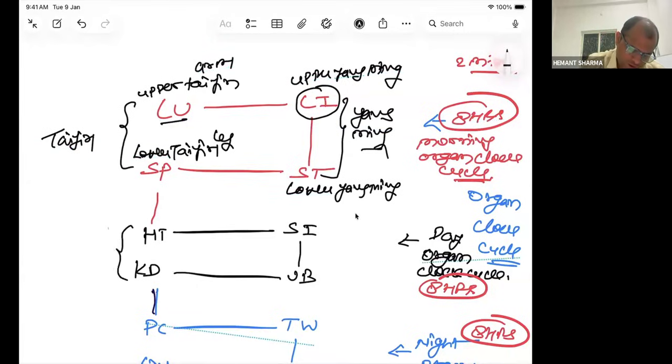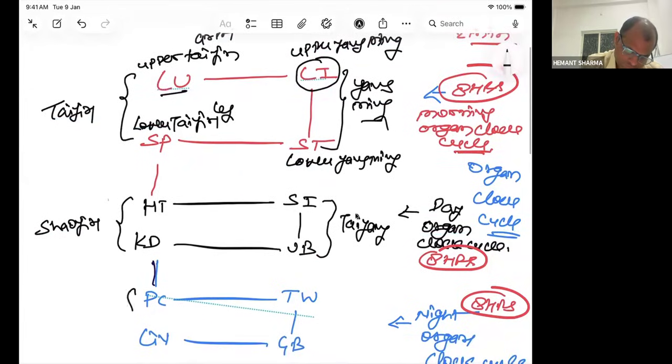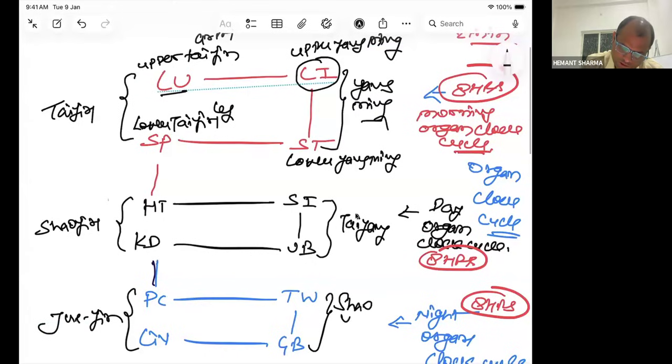In the same way you write the names of all the families: Shao Yin, Tai Yang, Jue Yin, Shao Yang. So these are the names. Just write the names. Tai Yin means lung and spleen.